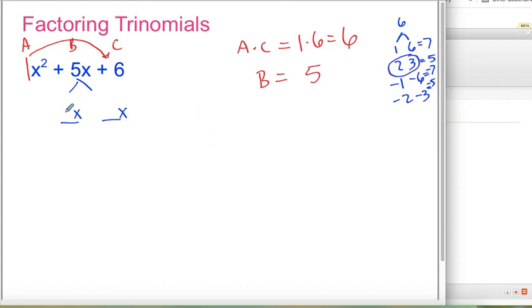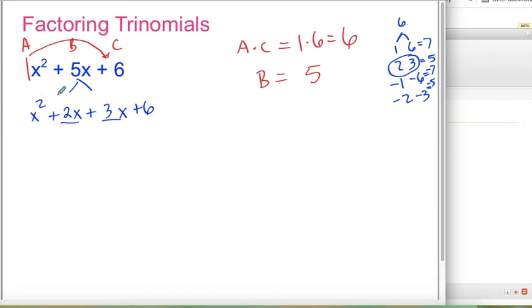So we could break that 5 into a 2x and a 3x. So we can make that middle term, instead of being a 5, we're going to write it in 2 parts, saying it's 2x plus 3x. So then we're going to copy the first part here, which was an x squared, and we're going to copy the 6.